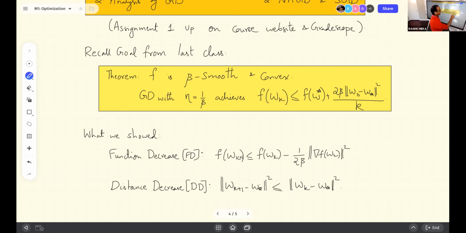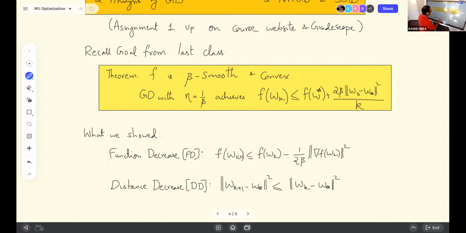If we ignore beta and w0, w star, which are problem-specific parameters, then as the number of iterations increases, you approach the optimum at the rate of 1 over the number of steps. So if you want epsilon accuracy, epsilon closeness to the optimum value, then you have to do 1 over epsilon iterations, which is not too bad.